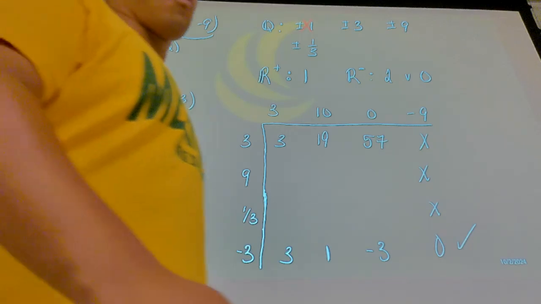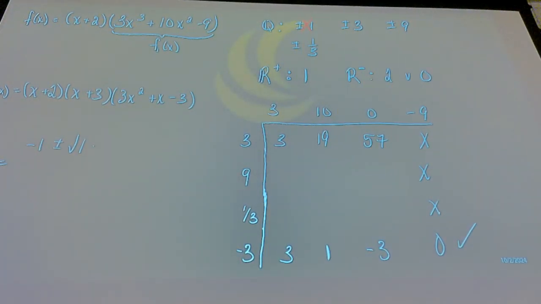Negative b plus or minus the square root of b squared minus 4 times 3 times negative 3 is what? Negative 36. So we get minus negative 36 all over 2 times 3.